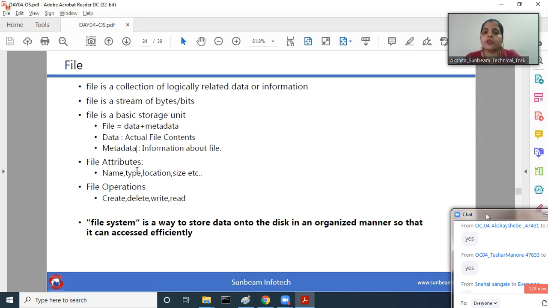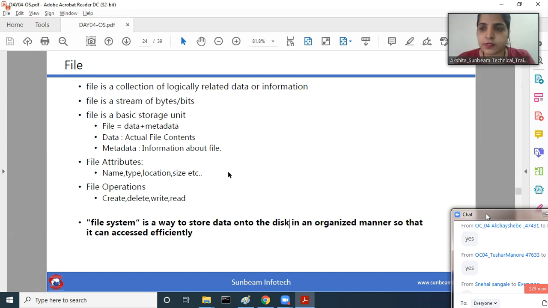How your files should get stored and organized in your system is maintained by your file system. Every operating system has its own specific names for its file systems. So what is a file system? It's a way to store the data onto the disk in an organized manner so that it can be accessed efficiently.